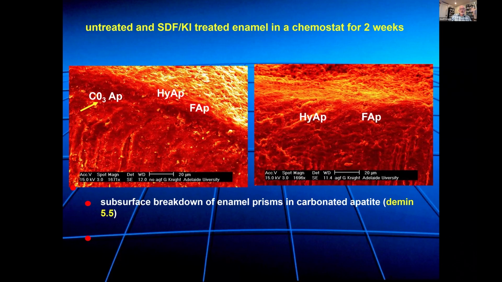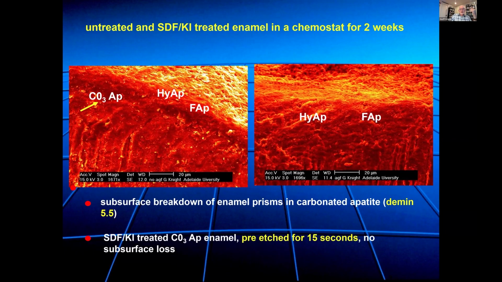The right-hand slide was treated with silver fluoride and potassium iodide. It was pre-etched for 15 seconds, and there's been no subsurface loss. If I just painted silver fluoride on that tooth, it would look exactly the same as the left-hand slide, because the silver fluoride hadn't had a chance to enter the tooth.